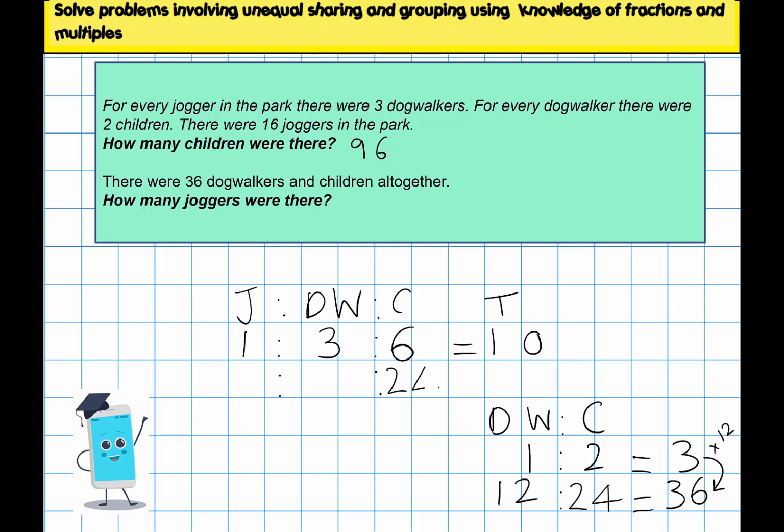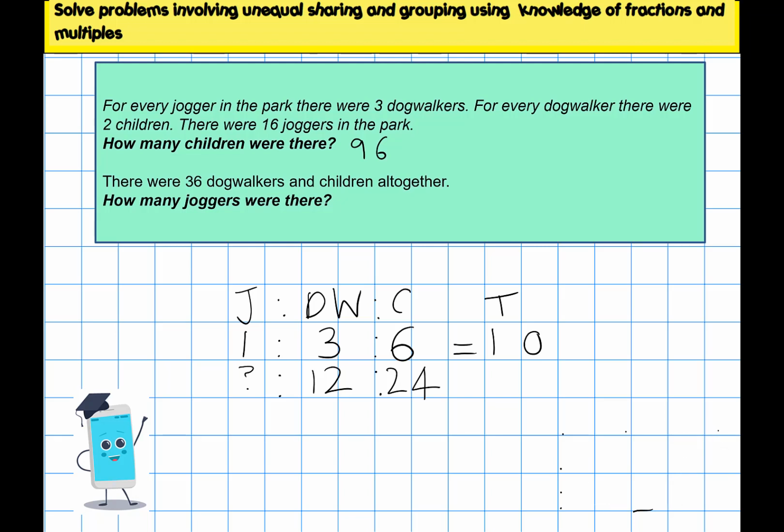If I have 24 children and I have 12 dog walkers, how can I find out how many joggers there were? Well, I've actually got 2 columns of information I can use now. I could either find the scale factor from this column or the scale factor from this column, because they should both be the same.